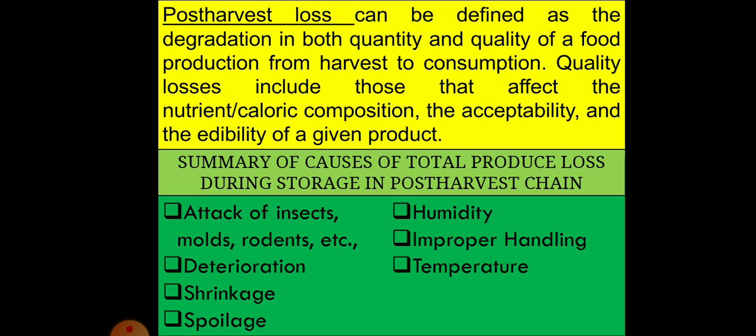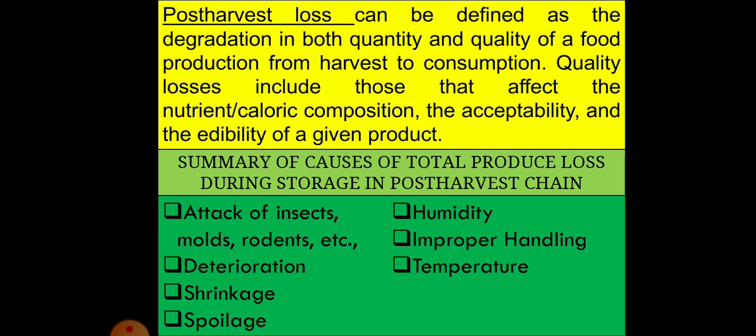That's why it's very important for us to know the different post-harvest losses and how we will address them in order for us to maintain freshness from harvest to consumption. So we have here a summary of causes of total produce loss during storage in the post-harvest chain.